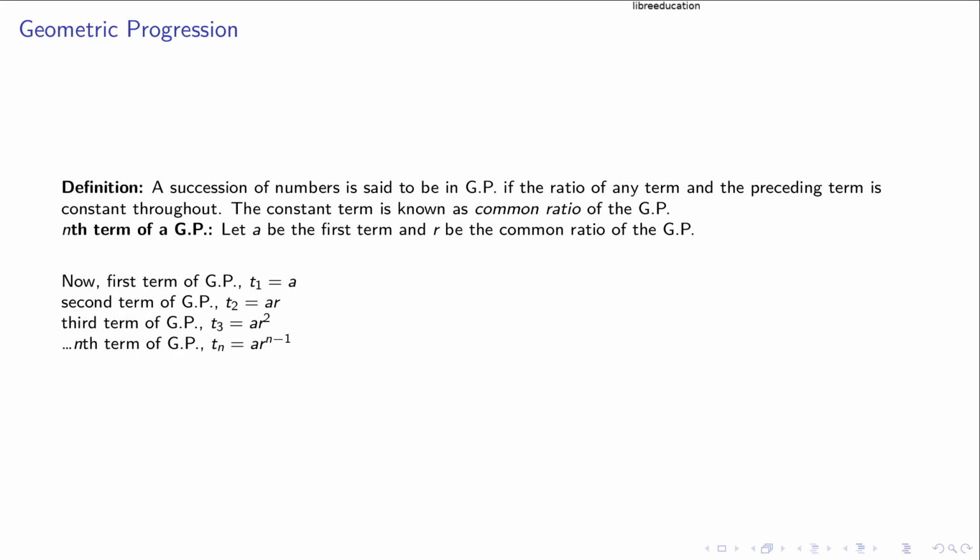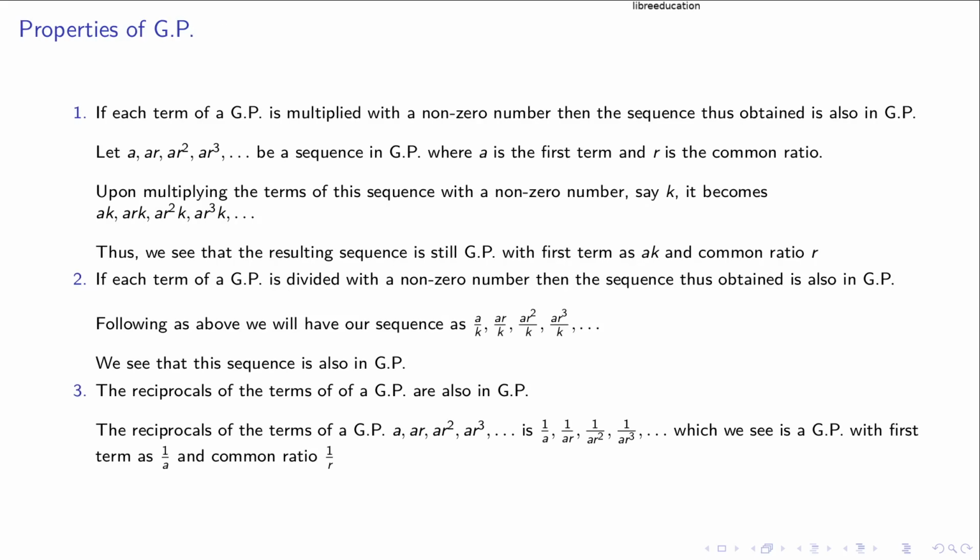And T3 will be AR square. So proceeding this way, we see that for T1, the power of R is 0, for T2, power is 1, for T3, power is 2, so for Tn, power would be n minus 1. So our nth term would be AR to the power n minus 1.